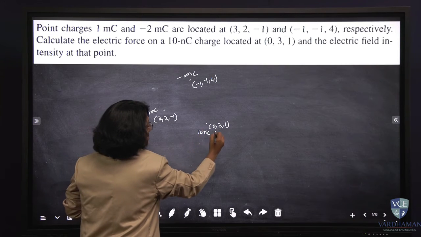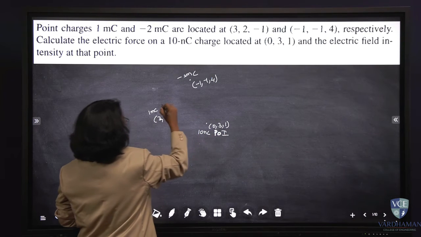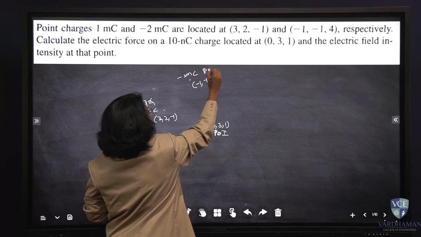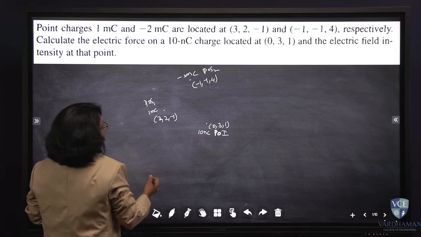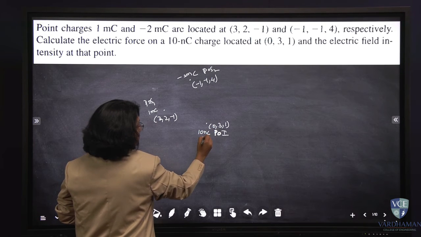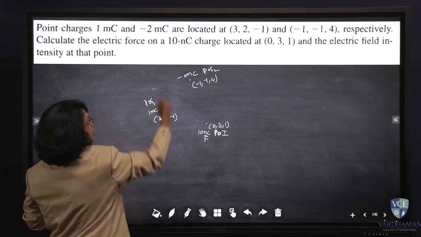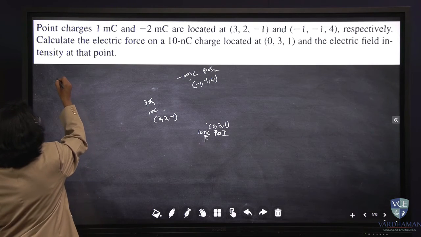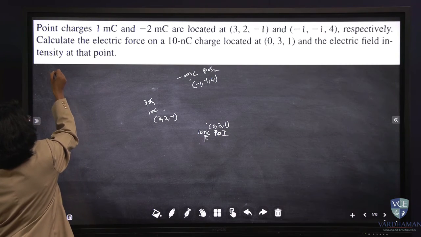So this is your point of interest, and these two are point of source 1 and point of source 2. We need to calculate what is F at this point of interest due to the presence of these two charges. So let us write the formula to calculate the force using Coulomb's law.